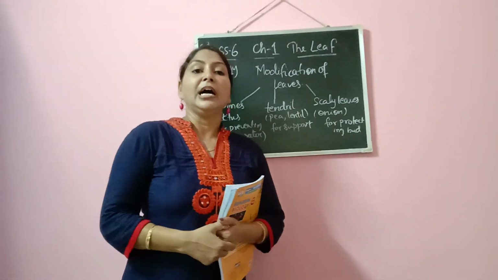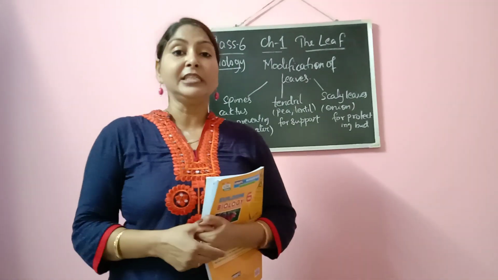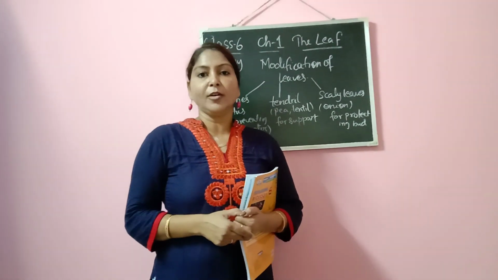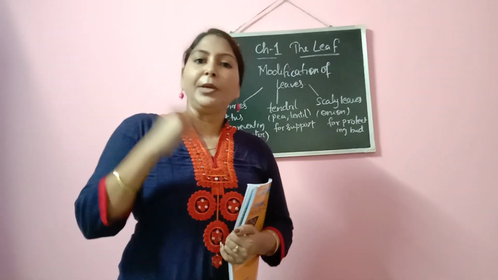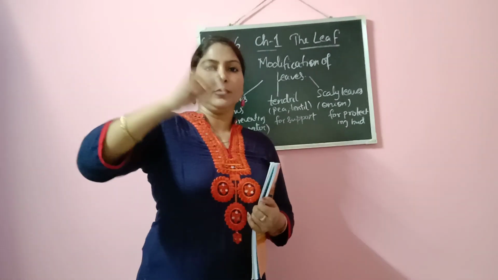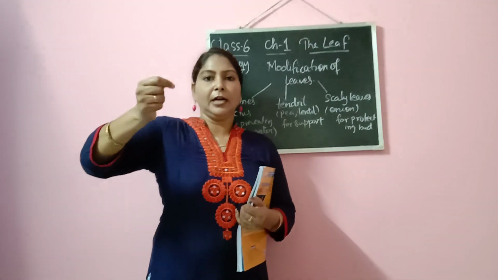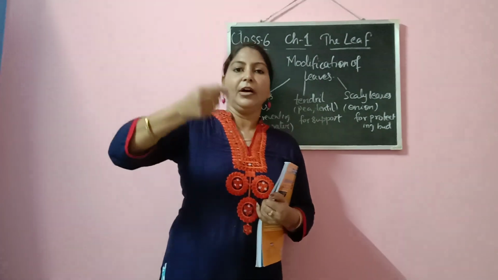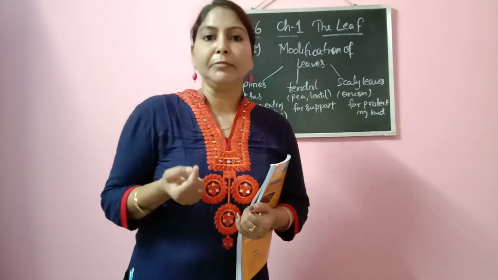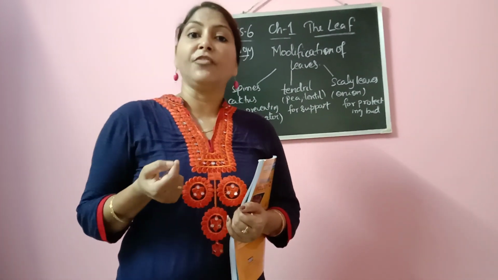Then we have another modification of leaves, the scaly leaves. Have you seen onion? I think all of you must have seen onion. When you peel off an onion, what do you see? You keep on taking out the layers of the onion one after the other. This is nothing but the modification of leaf.